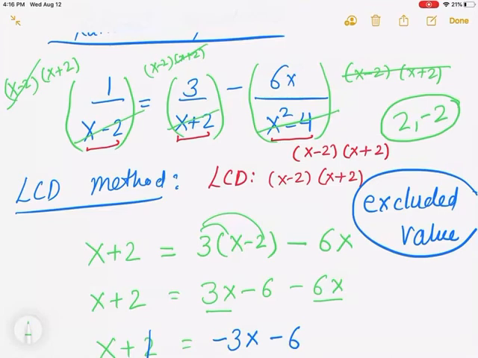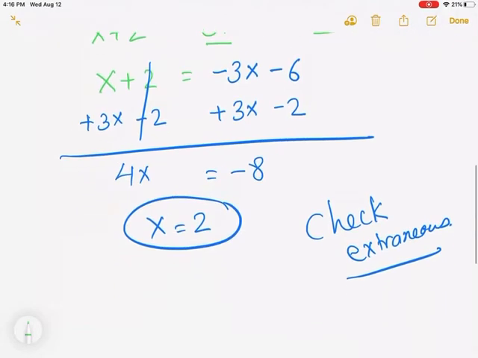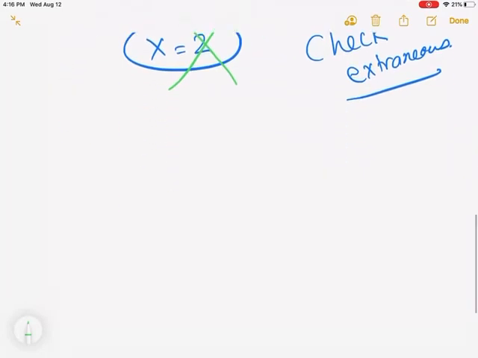And at the end, if your actual answer has any of the excluded values, you already have them up there, so that cannot be your answer, because technically that solution would make the original function undefined. So just cross that out. But let's say it's something other than an excluded value, then we would still consider that as our final answer. So that's how we solve rational equations.